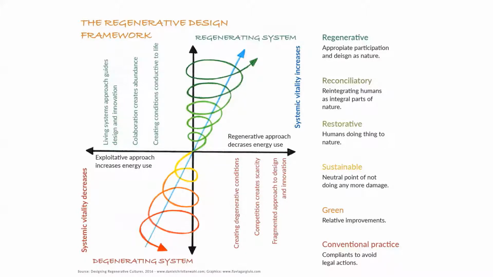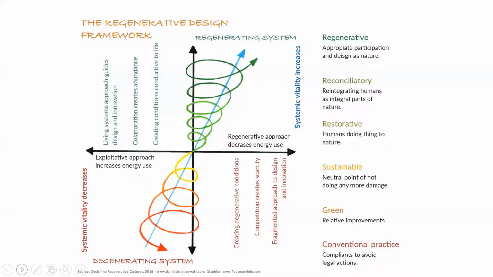Reconciliatory means that we are integrating humans as part of nature. Restorative is humans doing things to help nature. Sustainable is a neutral point of not doing any more damage. Green means relative improvements. Conventional practice is compliance to avoid legal action.